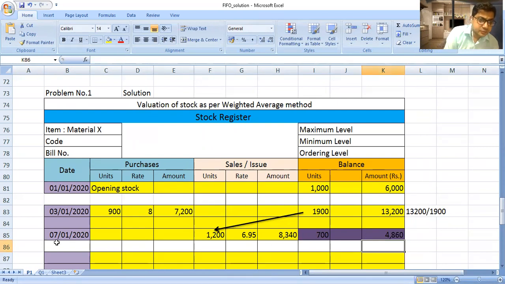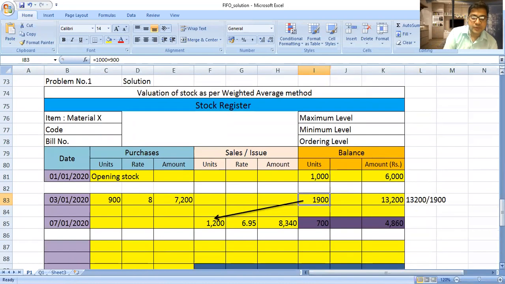So on 7th January, we have a closing balance of 700 units and their value is 4860 rupees, because we sold the 1200 units at the weighted average rate. So I hope you understood the weighted average: previous total amount divided by total number of units.